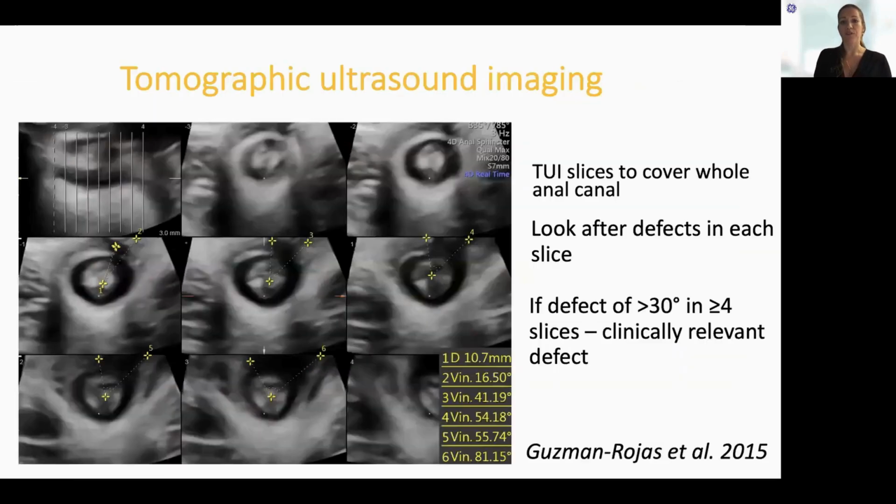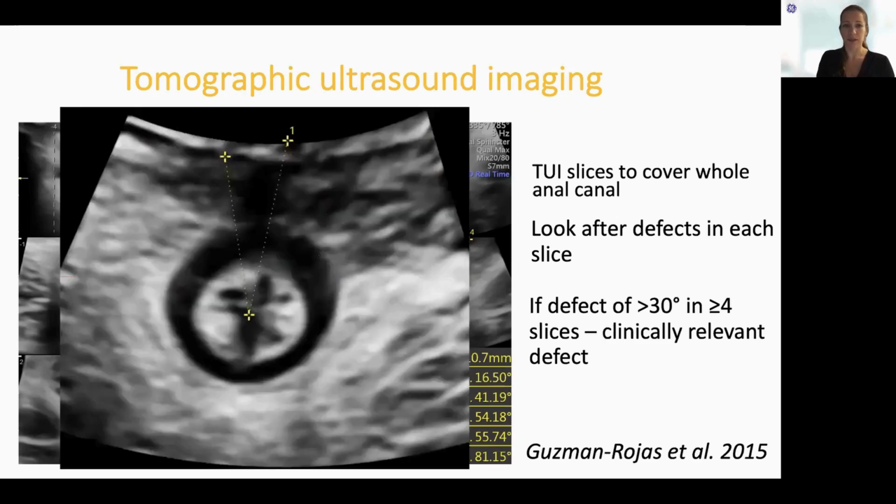If we find any defect, we have to measure it, and we measure it in angle, and we measure it in all slices when we find the defect. So we see here internal sphincter is without defect and external sphincter is damaged here.